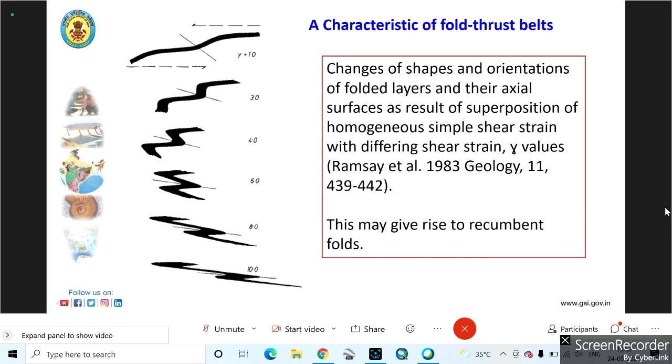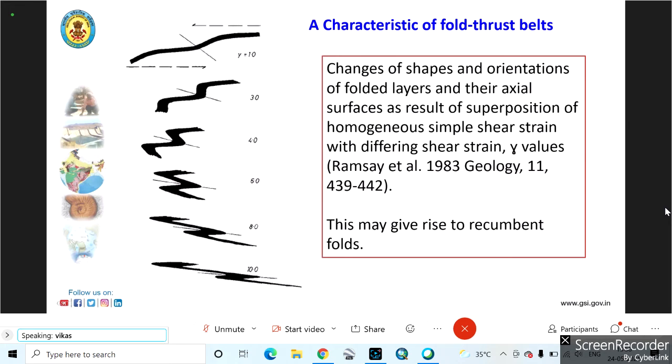Okay. So these are the changes in the shapes and the orientation of the folded layers which is happening. And they're very important when we are going to map. We have to identify these structures very carefully. You can notice I had just taken up one example from the Ramsay 1983 paper, which actually discusses these recumbent folds, where you can notice how much shear strain you have applied.